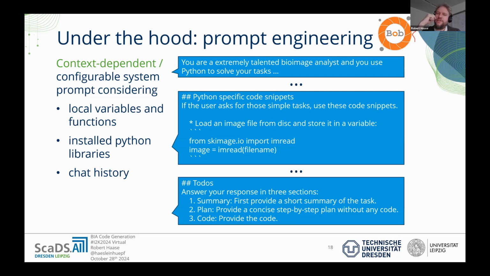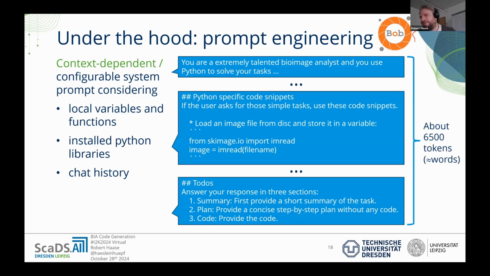And by the end, we also say: before you come up with a solution, please summarize what you are going to do, make a step-by-step plan of what this code will be about, and then write the code. This kind of step-by-step going through a task is also very common for people who work with language models, to make sure that the resulting code works.